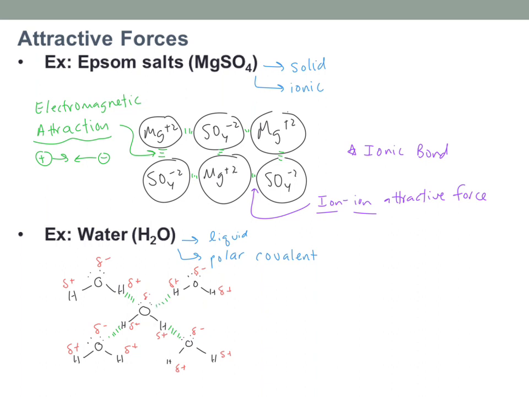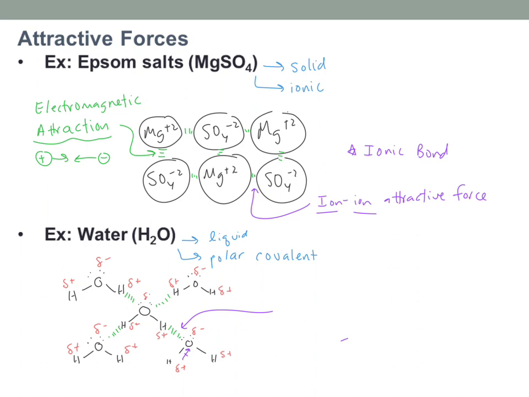And so you get these attractions that are different than the ion-ion attraction because these aren't ions. They're not full charges. These are just partial charges. And in fact, they're charges that occurred because you have a polar molecule, because you have a dipole. And since you have a dipole, I'll draw in a dipole arrow.